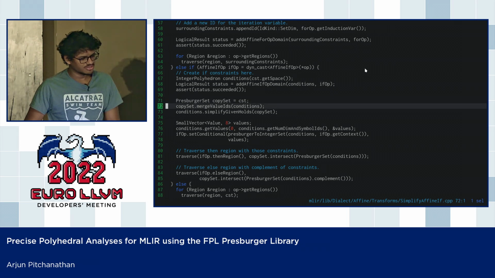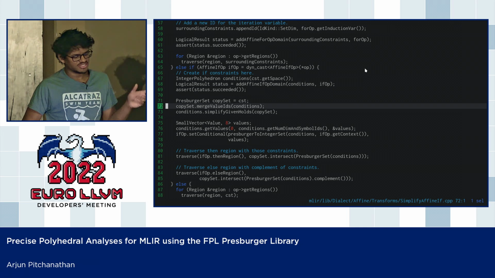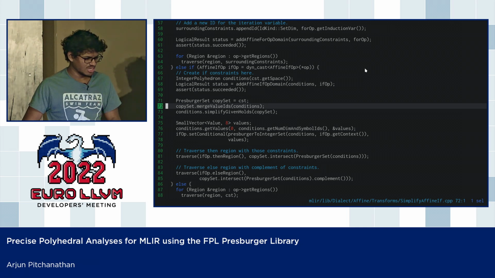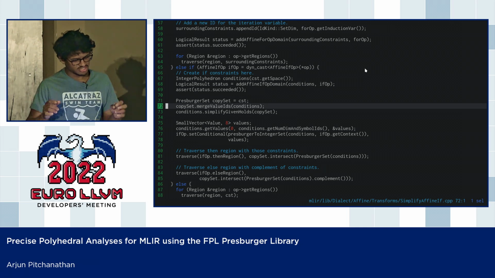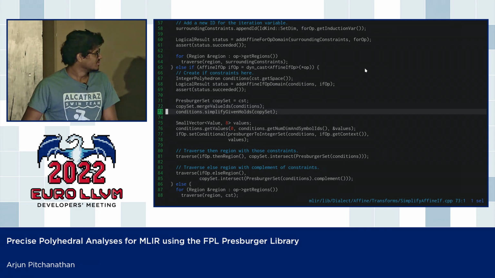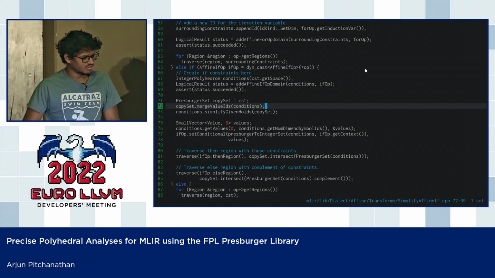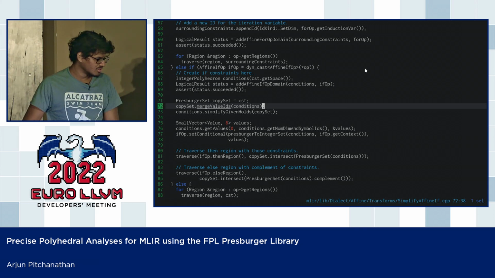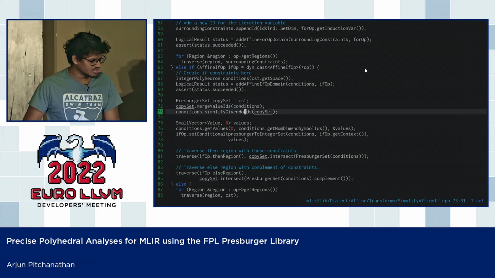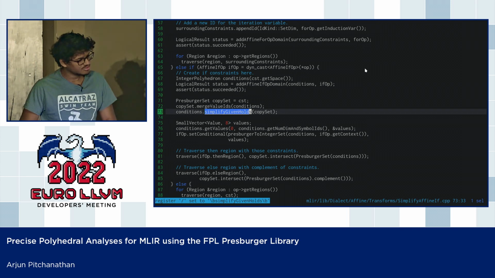We need to do that when the spaces of two sets could correspond to different values in the IR. But to not dwell on it too much, whenever you operate on two different sets, they might have different spaces, so you merge the IDs.